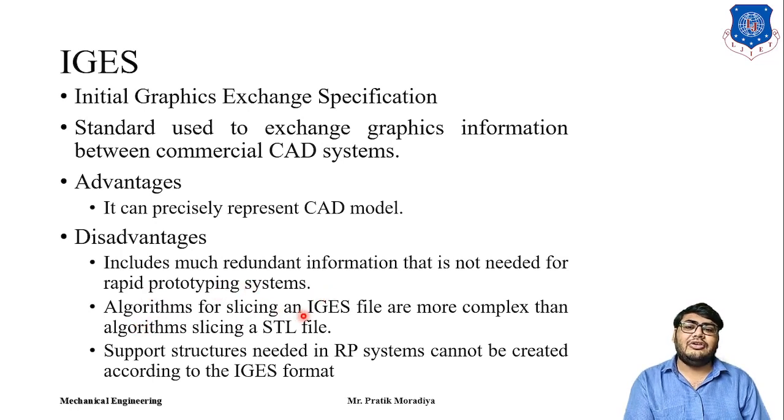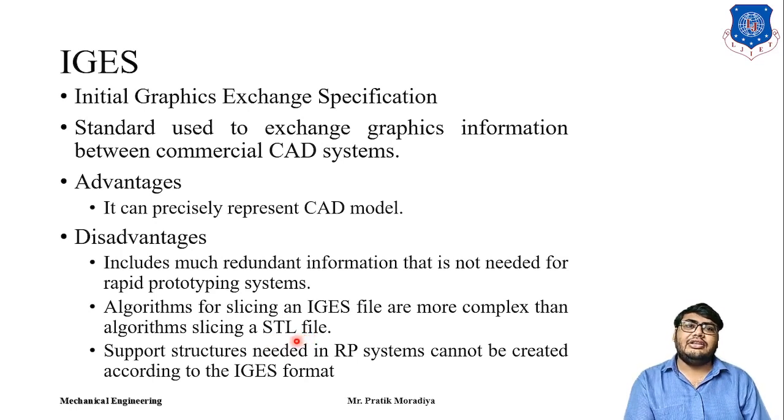Also, the slicing of an IGES file is more complex, because we need a more complex algorithm than for the STL file. An STL file only represents triangles, so slicing of an STL file is comparatively very easy. Algorithms for slicing the STL file are comparatively much more straightforward.